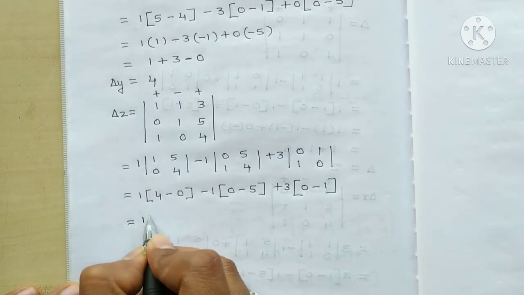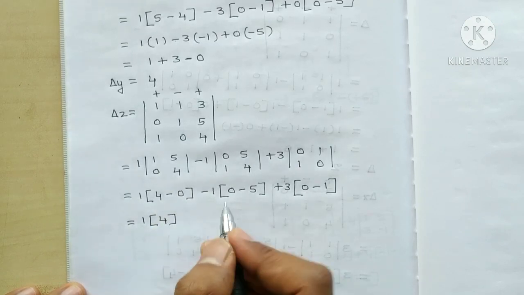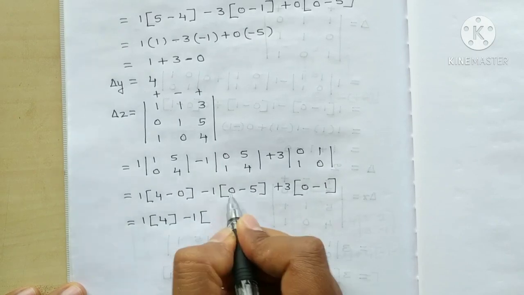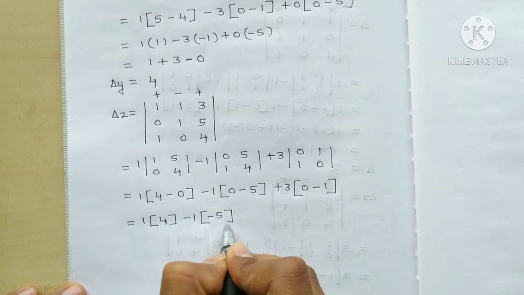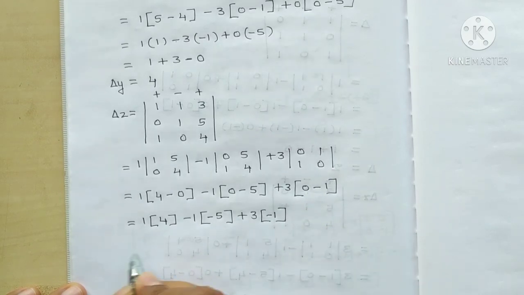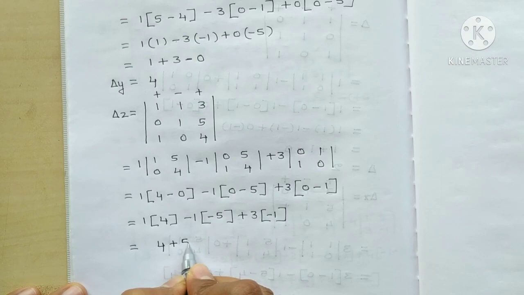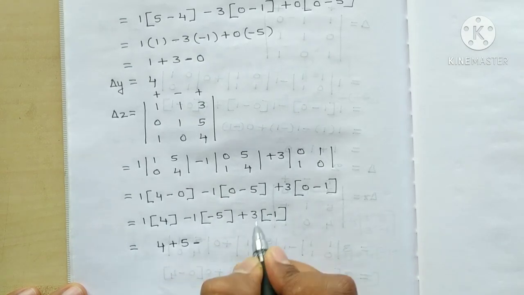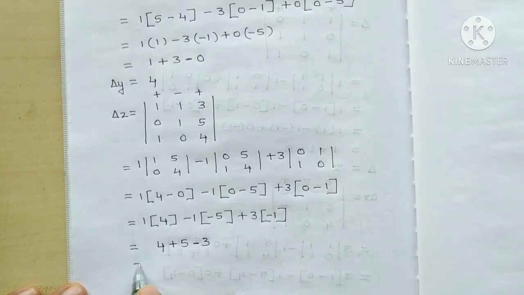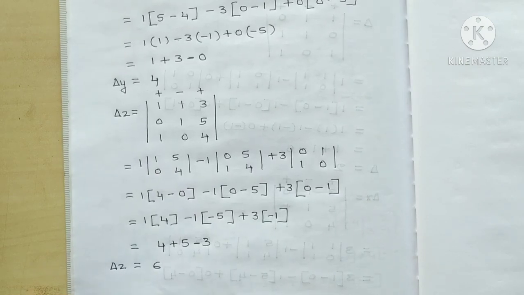So which is equals to 1 into bracket, 4 minus 0 is 4, minus 1 into bracket, 0 minus 5 is minus 5, plus 3 into bracket, 0 minus 1 is minus 1. Which is equals to 1 into 4 is 4, minus into minus is plus, 1 into 5 is 5, plus into minus is minus, 3 into 1 is 3. So which is equals to 4 plus 5 is 9, 9 minus 3 is 6. So this is the value of delta z.